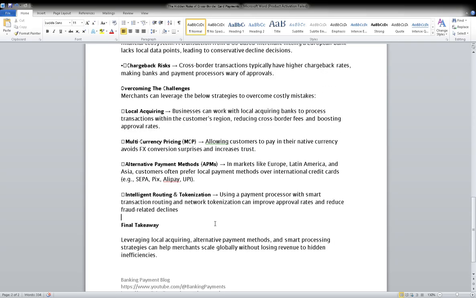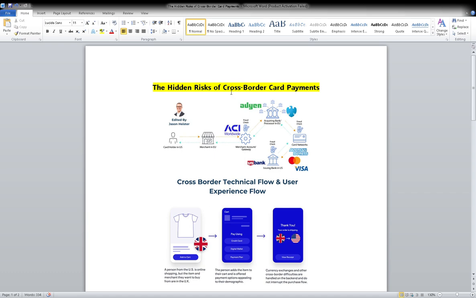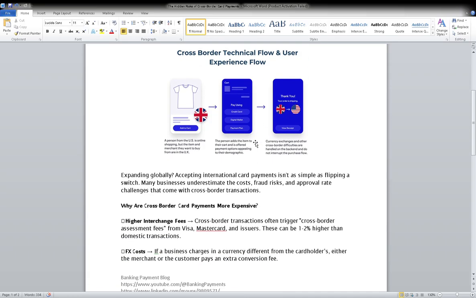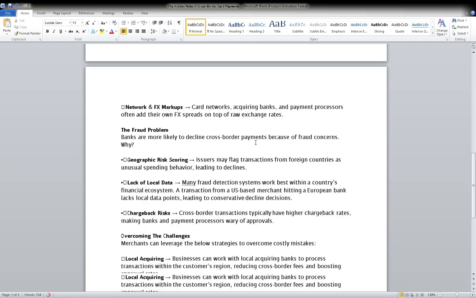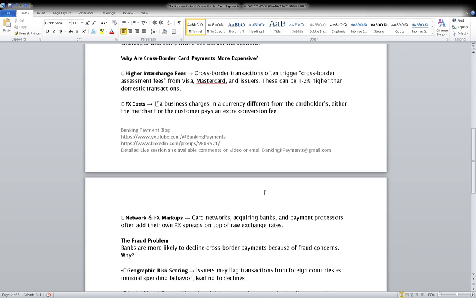So this can be avoided, reducing the hidden risk of cross-border card payments, and the expensive part can also be reduced by applying this. So what is the final takeaway? Local acquiring, alternative methods and smart processing overcome hidden inefficiencies. So we can avoid these hidden costs.